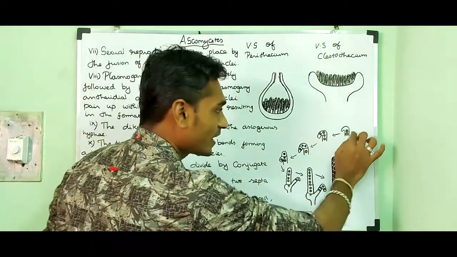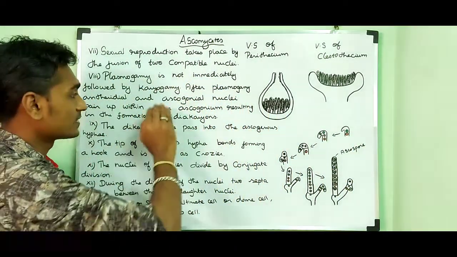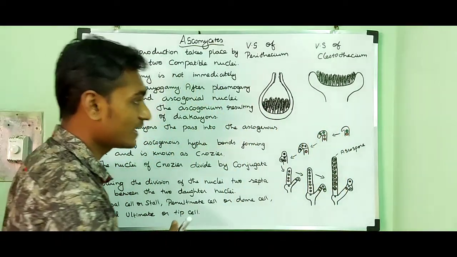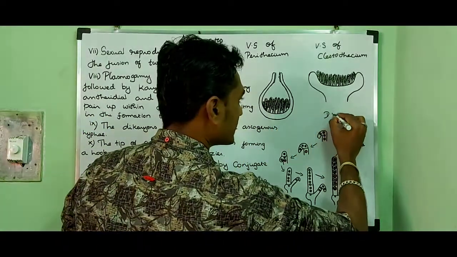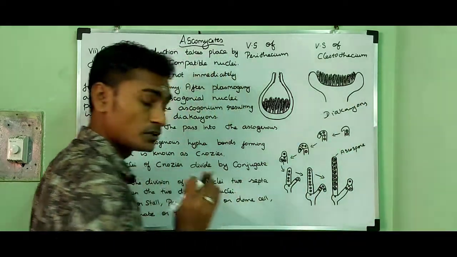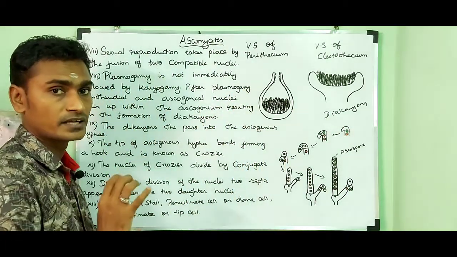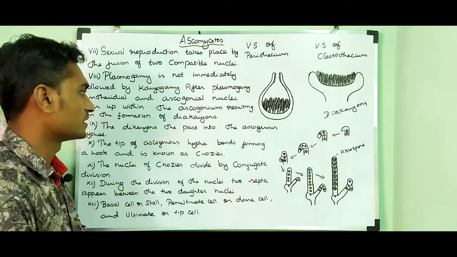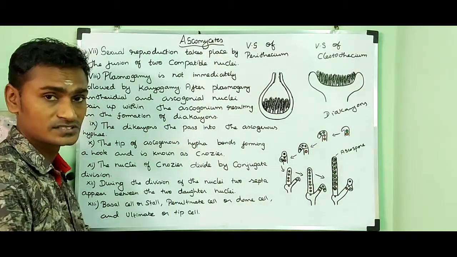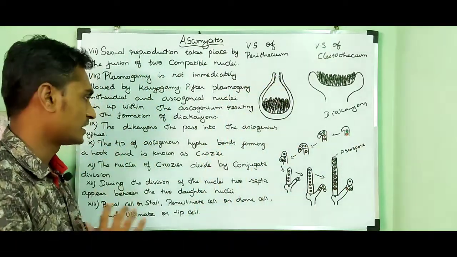So here you can find two nuclei, one from the antheridium, another from the ascogonium, and that condition is called dikaryon. Karyon means nuclei, di means two, so it contains two nuclei. The dikaryons pass into the ascogenous hyphae.